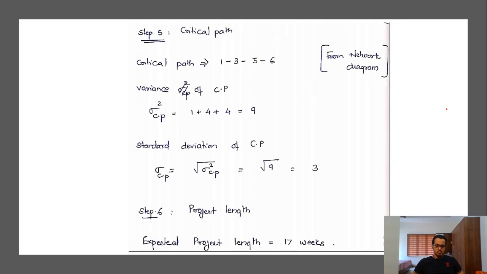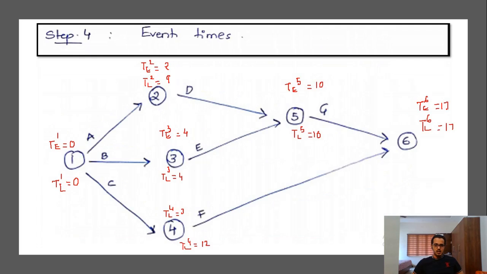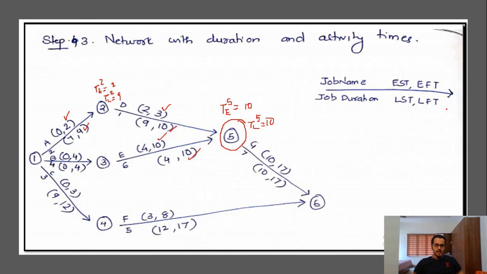So next is the critical path. From all these values, we have to identify the critical path. You can just compare the values EST, EFT, LST, LFT. So here you can see the values are the same, right? 0, 4, 0, 4. Then here 4, 10, 4, 10 is the same.